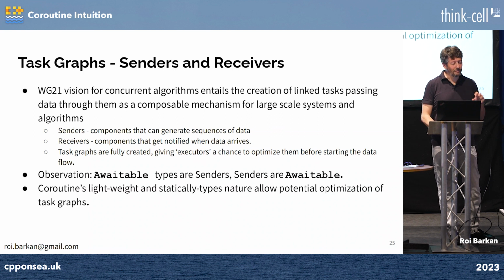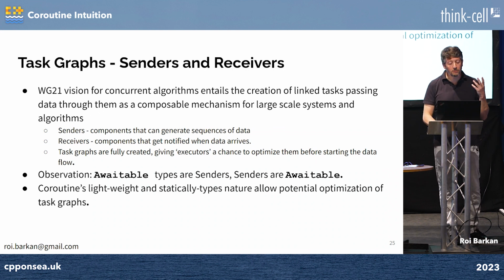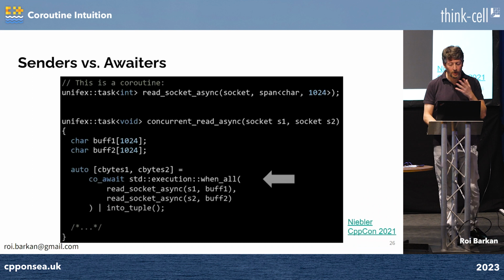And the fact that coroutines are relatively lightweight and relatively statically typed, the compilers know a lot about them, about the code inside them, means that there's potentially room for those optimizations of the task graphs when the different nodes are coroutines.